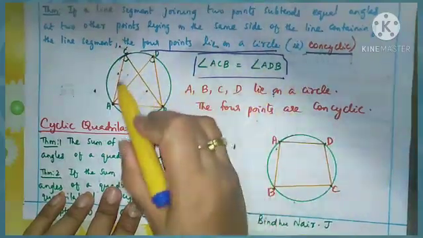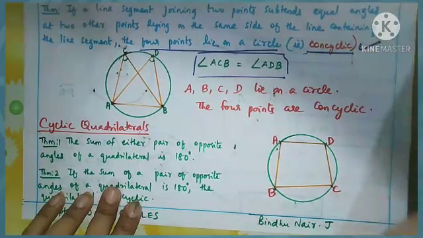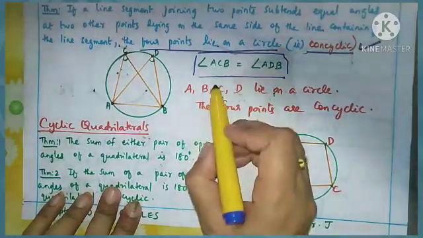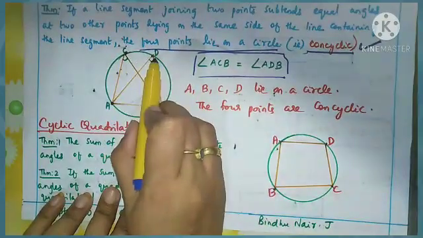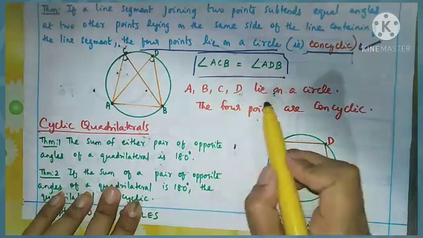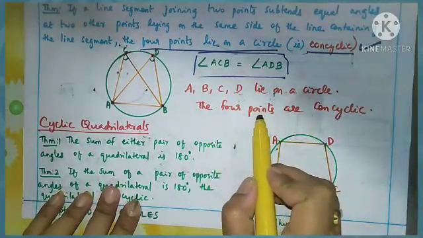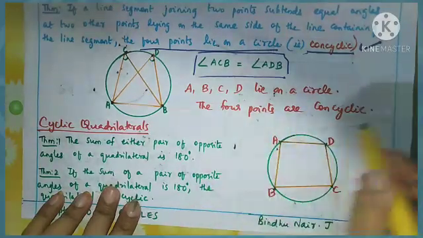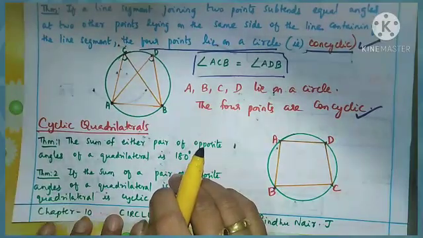Okay, so 4 points lie on a circle means it is concyclic. So you want to understand those two angles on the same segment are equal and A, B, C, D, these 4 points lie on a circle. That is, the 4 points are concyclic. Okay, so this is the important result here.